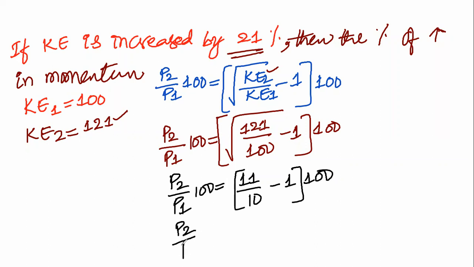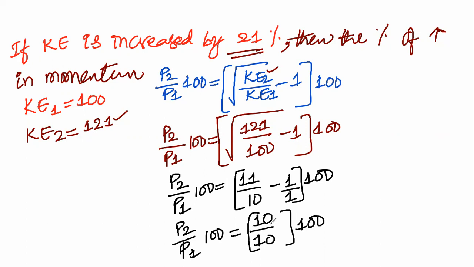Therefore, P2 divided by P1 into 100 is equal to, whenever we take the LCM 10, 11 minus 1, 10. 10 by 10 into 100.